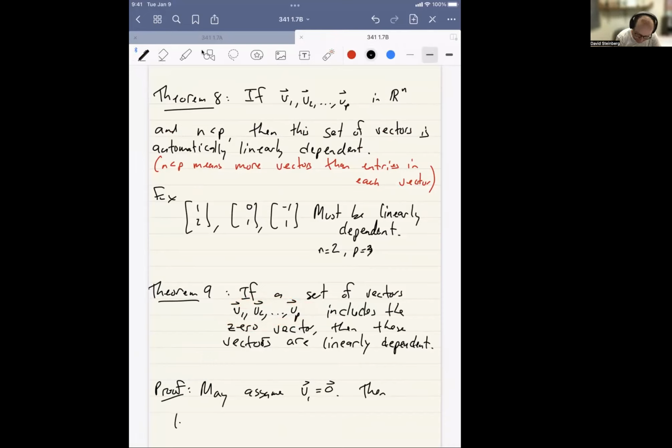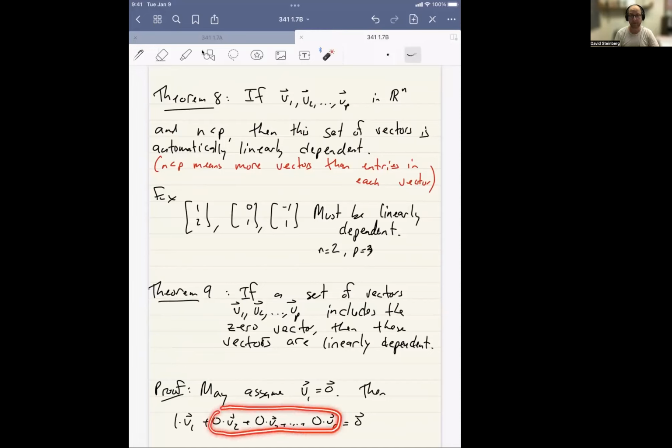So we'll take 1 times v1, and now we can kill everything else off. We can do 0 times v2 plus 0 times v3 plus all the way up to 0 times vp. That is equal to 0 because we've killed off all the other vectors here. Doesn't matter what they were. And we know v1 was equal to 0, so 1 times v1 is still equal to 0. So we've picked some nonzero real numbers and ended up with the zero vector. Okay, so that's a nice quick little proof.